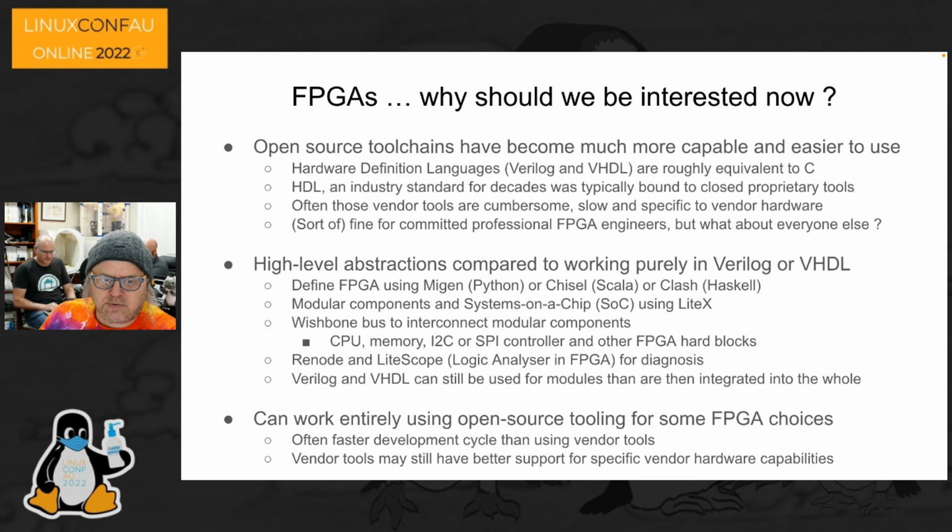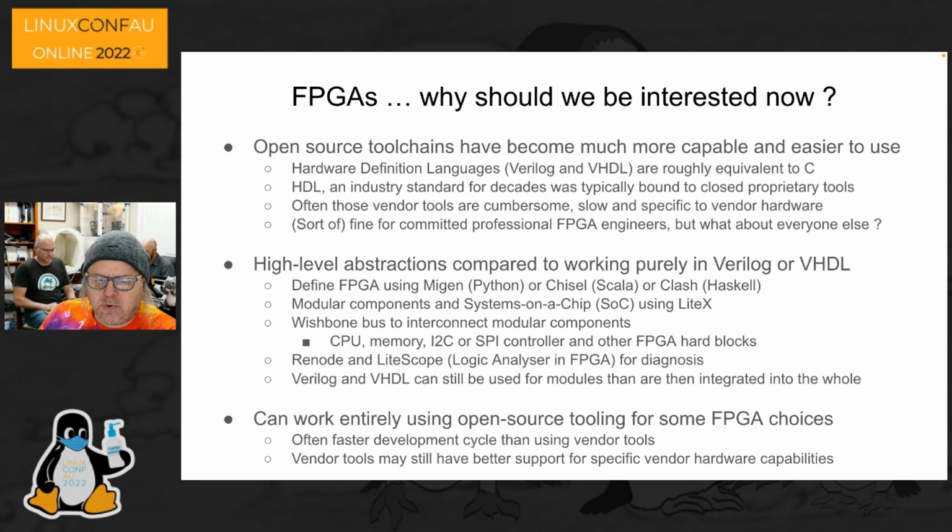They were very slow, sometimes with steep learning curves, and that was fine if you work in FPGAs day in, day out as your main job. But if you just want to have a bit of a play or use it occasionally, it wasn't very attractive. These days, you can use high-level languages, Python in particular, but also Scala and others, to define your FPGA logic, so you're not so down at the low level of the logic gates.